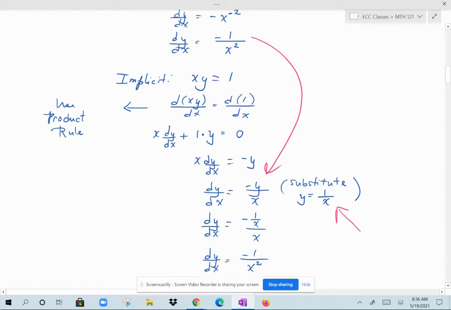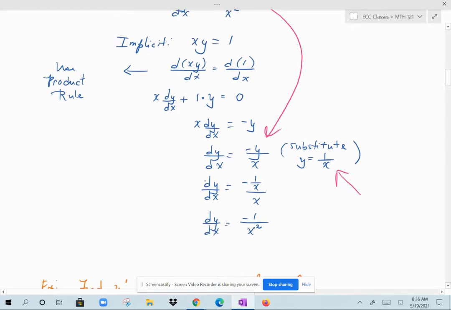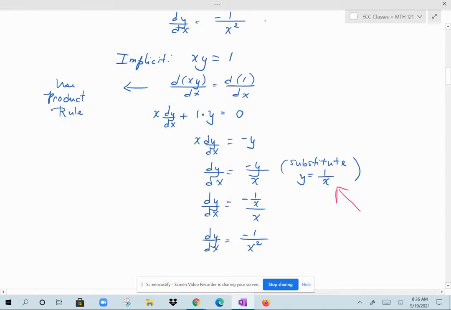So I'm going to make that substitution right here. And so I have dy/dx is equal to -1 over x divided by x. And when you simplify that right side, you get -1 over x squared, which is the same answer that we got when we did it explicitly. So same derivative value, whether you take the derivative implicitly or explicitly.